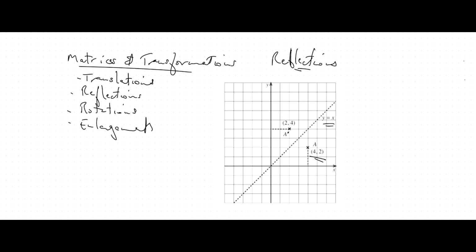The matrix is this. Let's call the matrix M. It's equal to (0, 1; 1, 0). If we take this point (4, 2), we write it as a column like this.